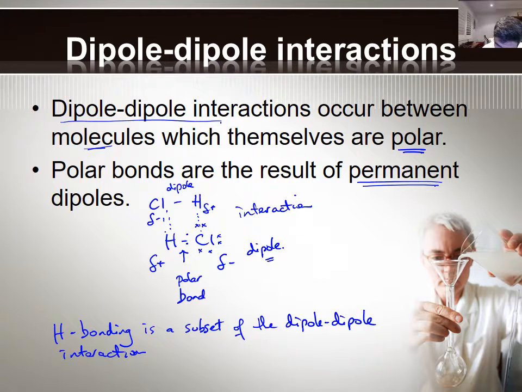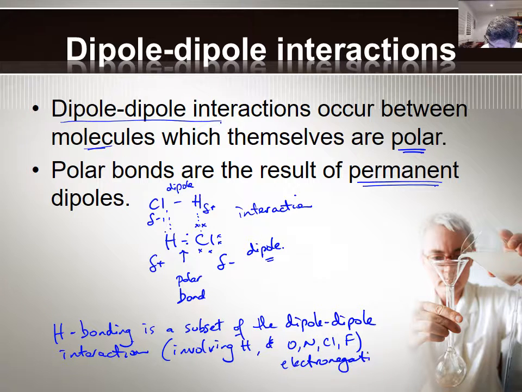And it must involve hydrogen, obviously, hence the name, and the hydrogen must bond with oxygen, nitrogen, chlorine, or fluorine, one of the very strongly electronegative atoms. And this is because it's the only way to make sure that we have that really strong dipole-dipole interaction.